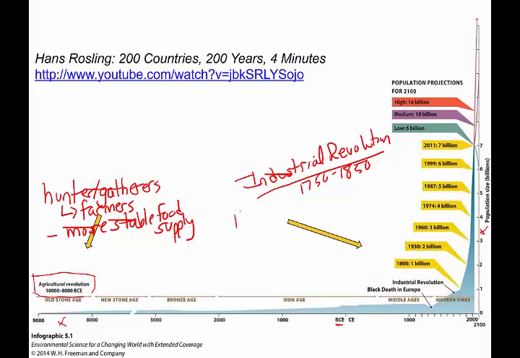So in other words, instead of plowing your field with a human managing a plow with an animal, they went to using tractors. So we went from human and animal powered to fossil fuel powered. And in fact, that's what the Industrial Revolution was about. It was about using fossil fuels for power.